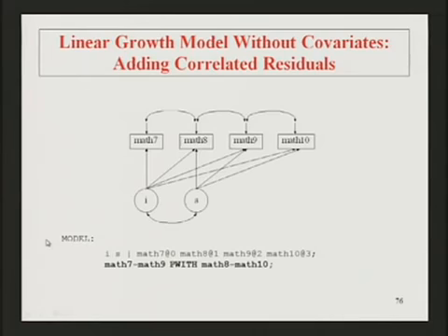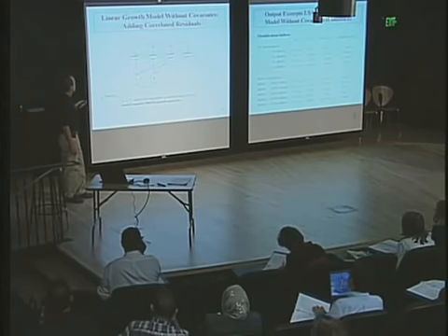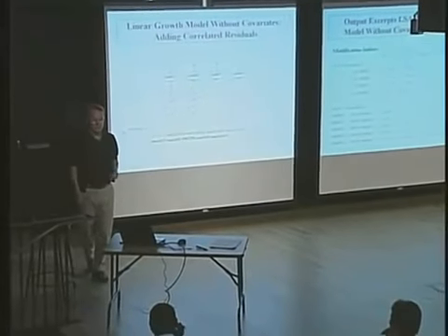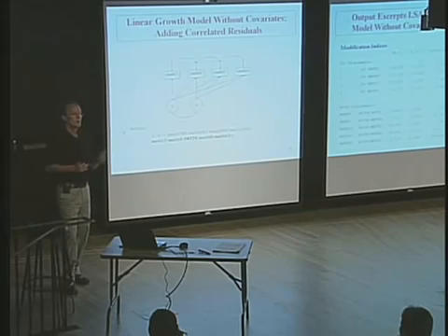Yeah, okay, so the question is about correlation across time. Do we need these always or not? That's a good reminder to say that we talked about 3 approaches to growth modeling, and one of the approaches did not account for the dependency of the data points, namely that observations for different time points for a given individual are correlated because it's the same person at the different time points.